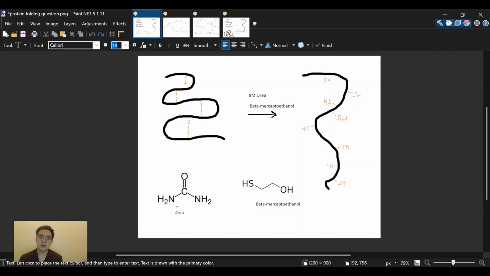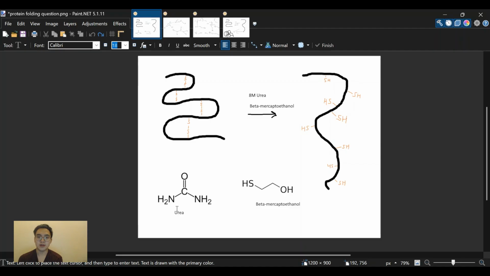So then, if you remove urea first, then you have a folded protein, and then you remove beta-mercaptoethanol, which allows a protein to form those cysteine-cysteine bonds again, and you'll get a protein that does function.